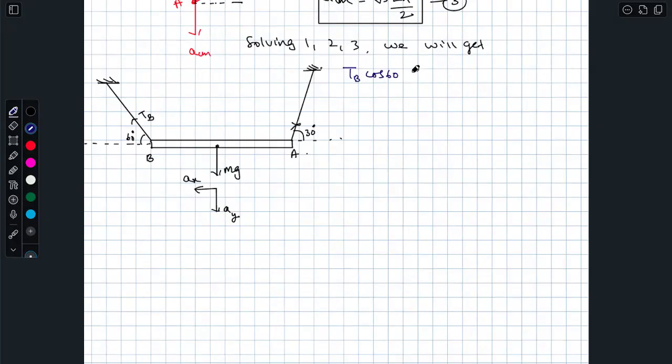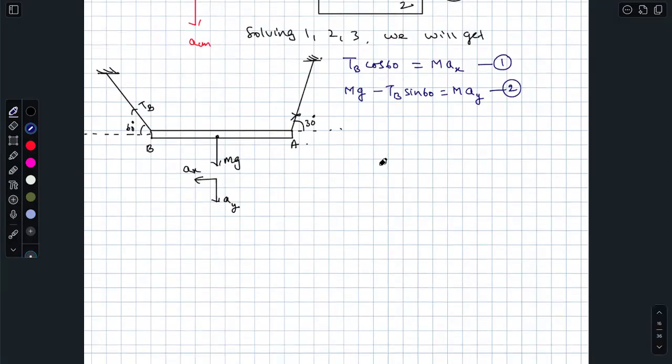TB cos 60 is equal to m ax, equation 1. mg minus TB sin 60 is equal to m ay, equation 2. Any doubts? Next.